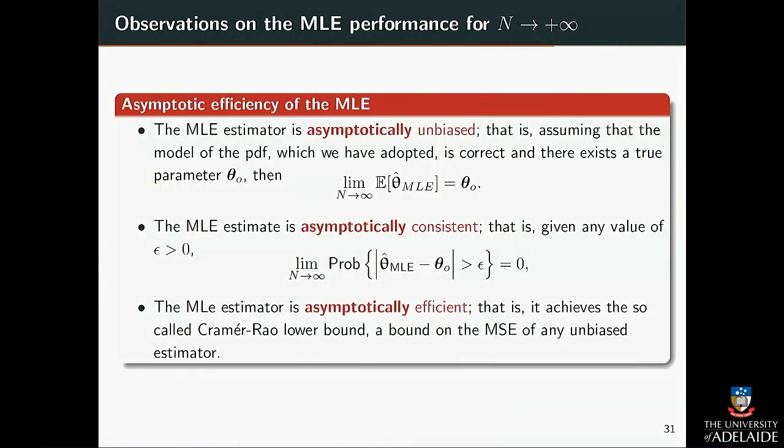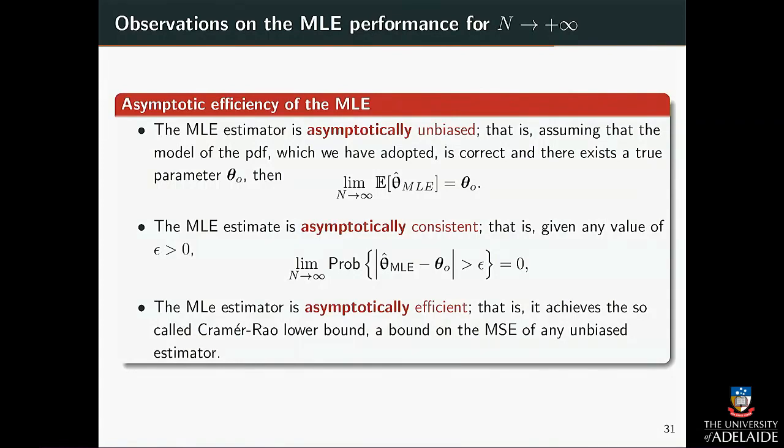So the classical flavor maximum likelihood estimator has some nice properties. Asymptotically, if theta naught is the true parameter, then it's going to be unbiased. It's not always unbiased, but it's going to be unbiased in that case. Not only that, but you can actually show a stronger form of convergence. So you have convergence in probability. It means that as you have a lot of independent observations, it will go really close to theta naught in the probabilistic sense.